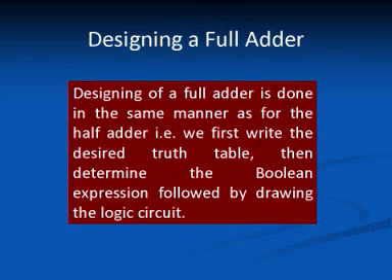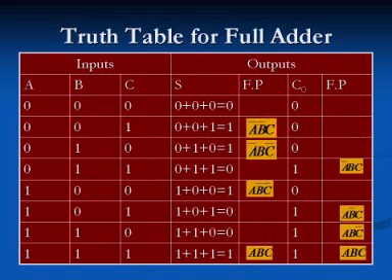Designing of a full adder is done in the same manner as for the half adder. That is, we first write the desired truth table, then determine the Boolean expression, followed by drawing the logic circuit. Now let us write the truth table for full adder. The inputs are A, B and C, where A and B are the bits to be added and C is the carry generated due to previous arithmetic operation.